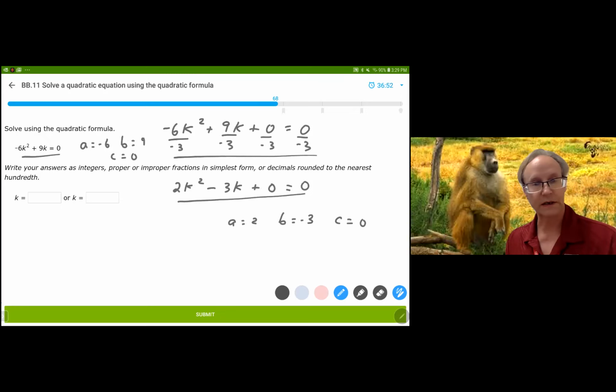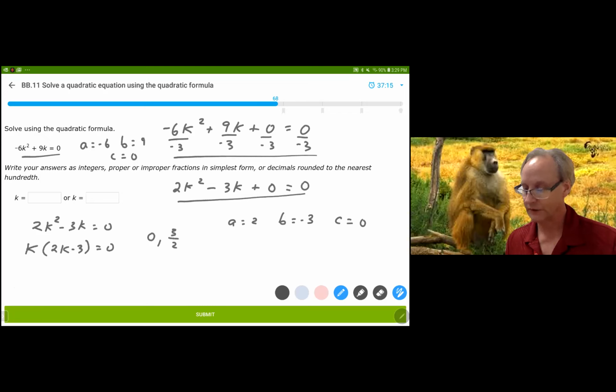And either way, you're going to get your two solutions. Now, I'm going to be a little bit lazy and just show you what I mean. If I take 2k squared minus 3k equals 0 and factor out the k, I get k times 2k minus 3, and I have my two solutions, which are 0 and 3/2.